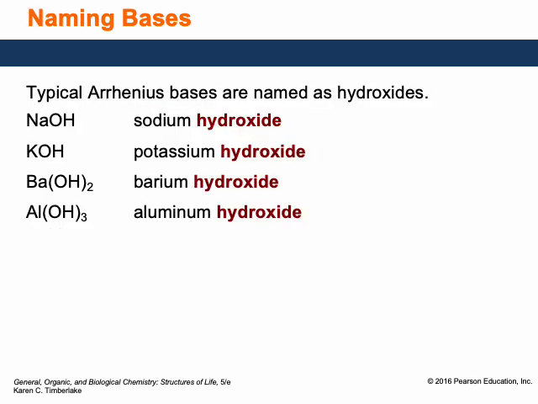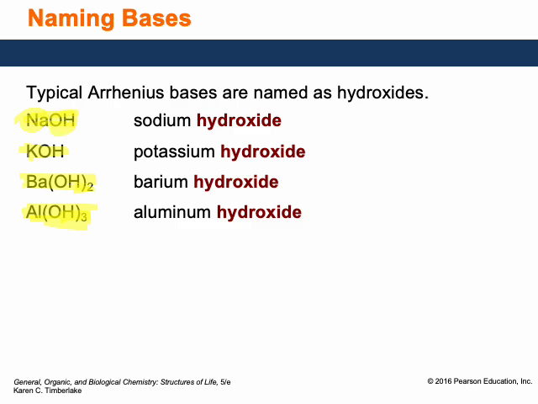Some of the common hydroxides are NaOH, KOH, BaOH, aluminum, okay, we'll come to naming, Al(OH)3. So these are some common hydroxide producing bases. How do you name them? You simply put the name of the cation followed by name of the anion, which is hydroxide.